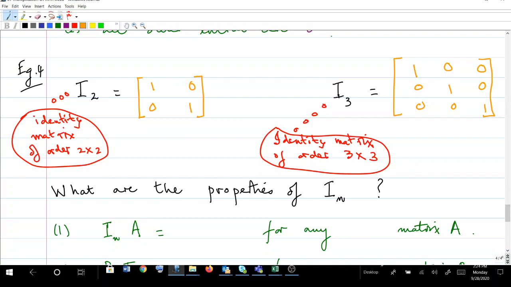So one, your identity matrix of order n multiplied by the matrix A will give you the matrix A for any n by m matrix A, right? That's for the multiplication of matrices to exist.